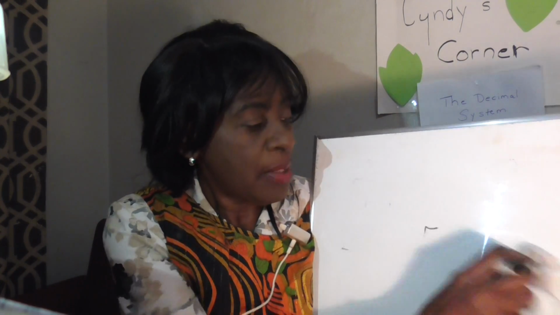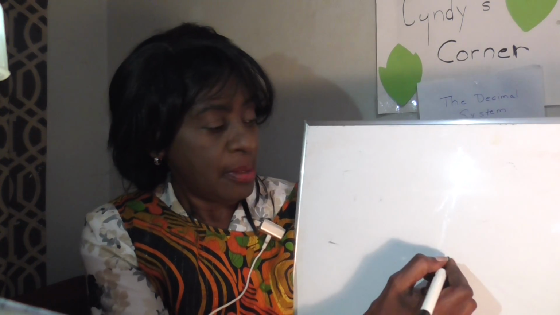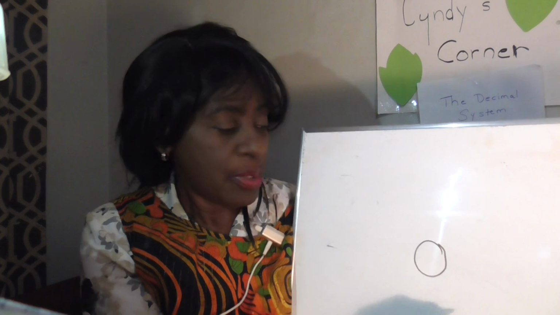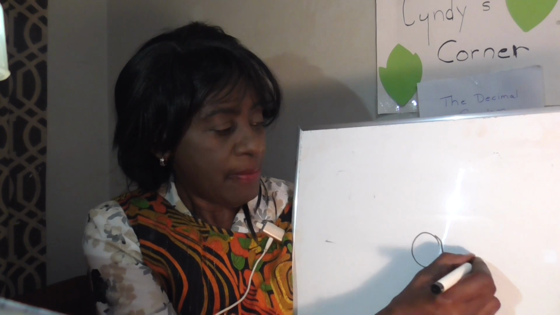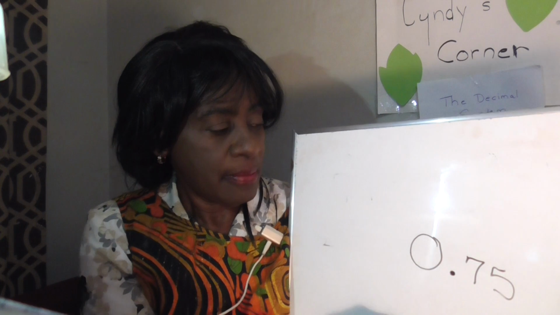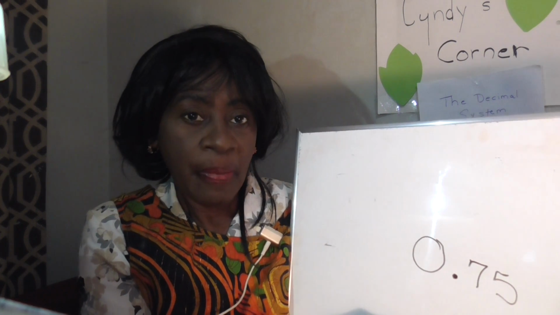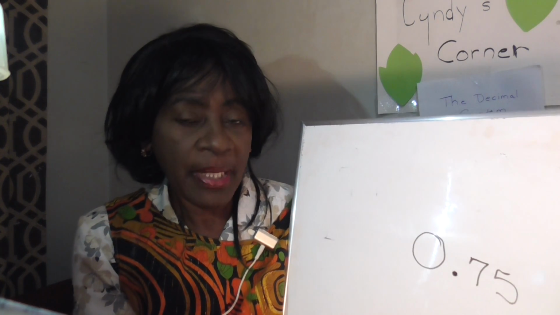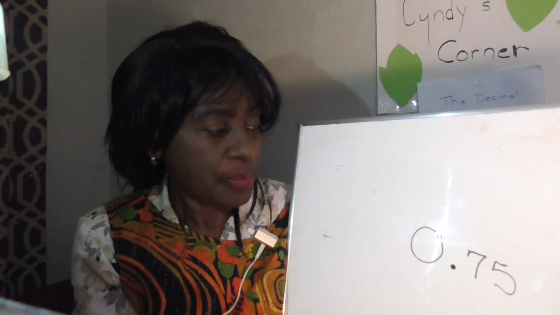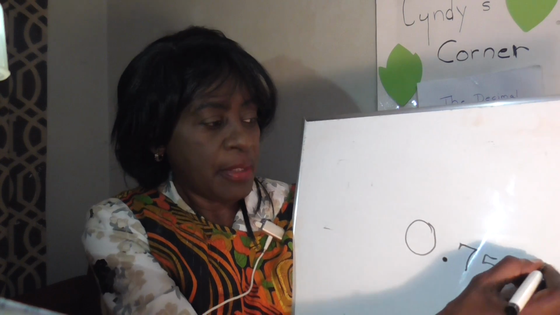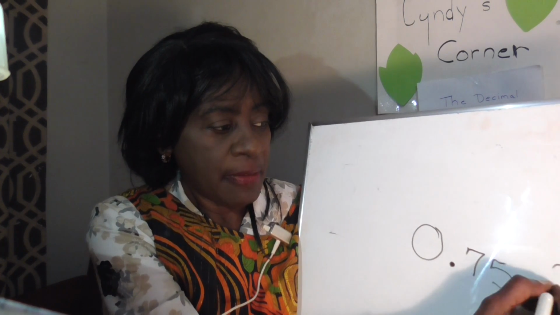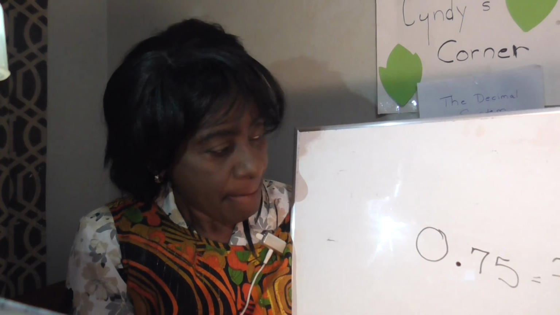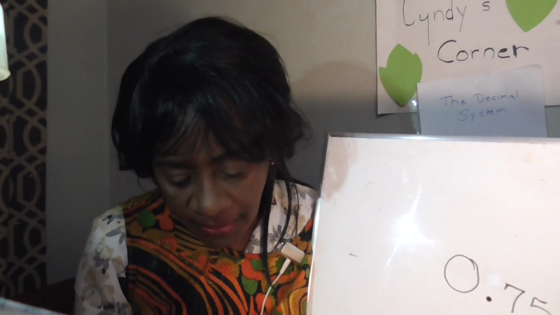If we're talking about 75%, there is a 0 because 75% we did not mention the whole number. 0.75. There's no number there. The 0 is usually placed to hold the value. This would be the same in the fraction form as 75 over 100. Why is it 75 over 100?